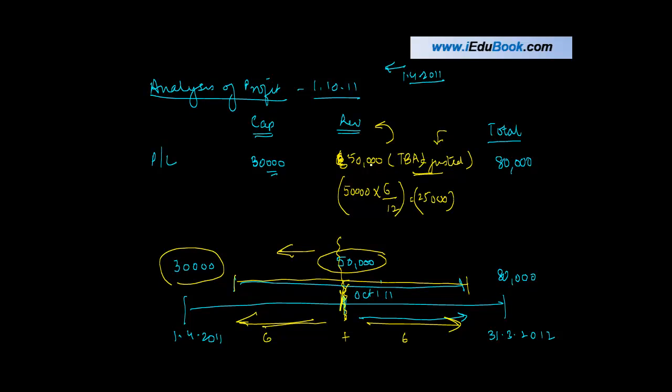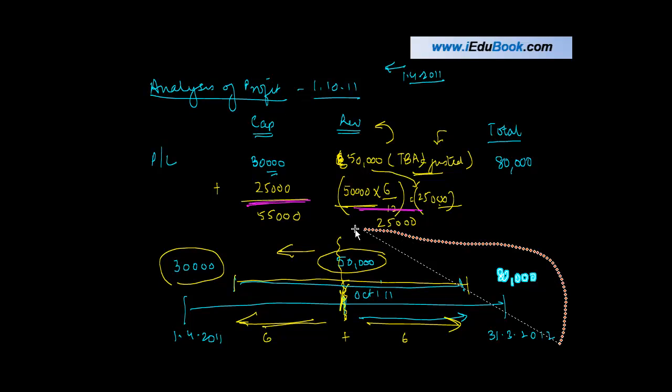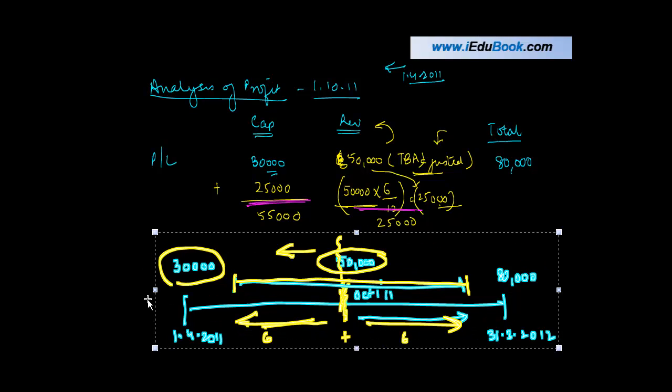So I will reduce this 25,000 from 50,000 and I will add this 25,000 to the capital profit, right? So now if I do a sum, 30 plus 25 gives me 55,000, and 50 minus 25 gives me 25,000. So basically my capital profit is 55,000 and revenue is 25,000. I'm just erasing this stuff at the bottom because I now need to do the allocation.